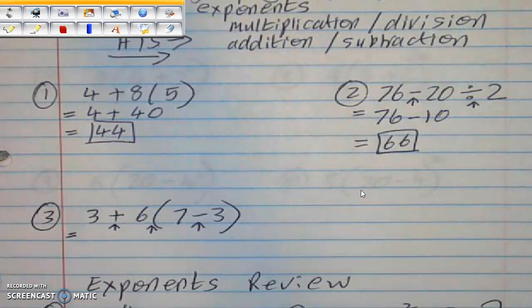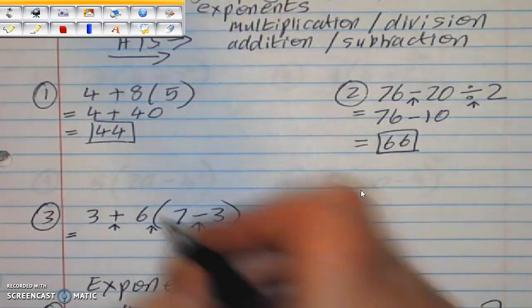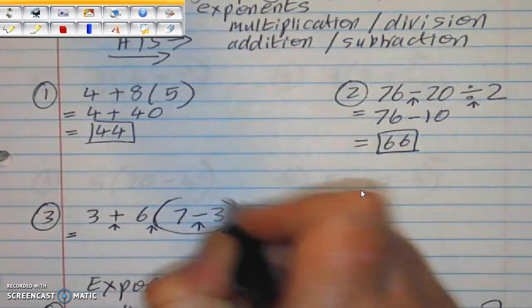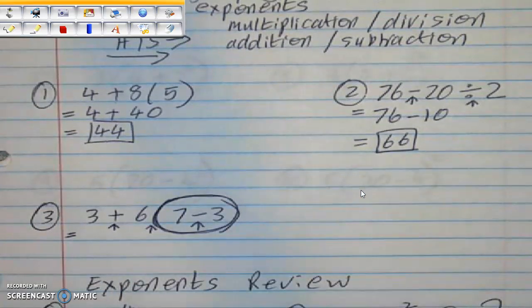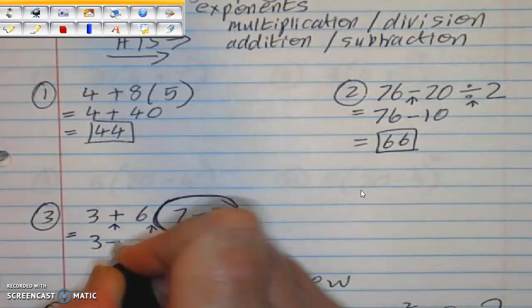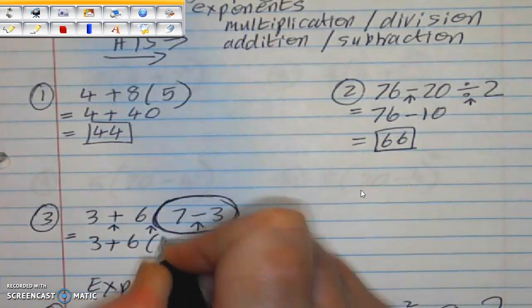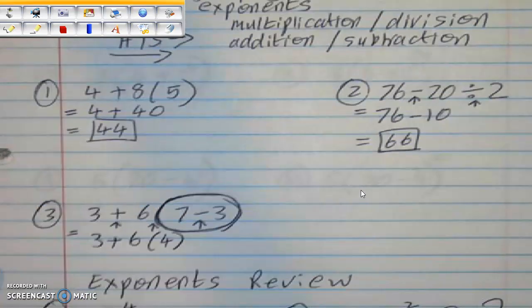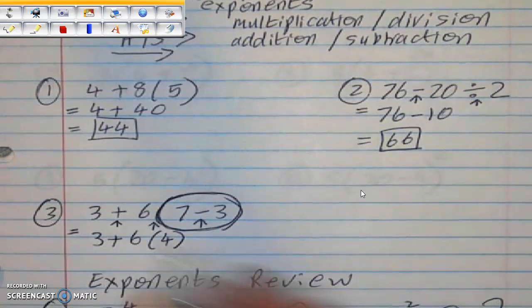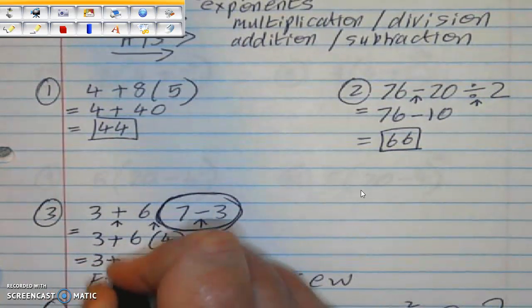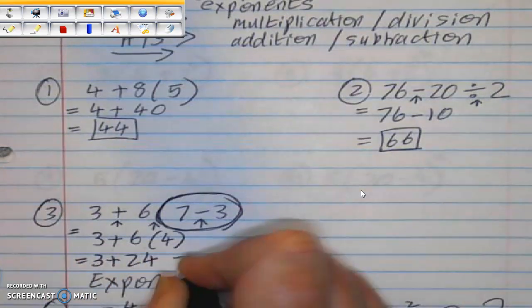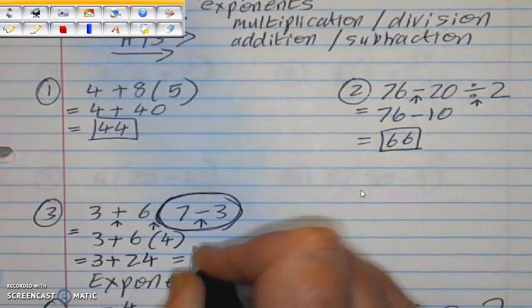Because the subtraction is inside parentheses, this is grouping, and you're going to do the whole grouping first. That's why I drew a circle around it. So this becomes 3 plus 6 times 4. Then what we have left is the addition and the multiplication. Of those, you do the multiplication first, 3 plus 24. So you get 27 as your answer.